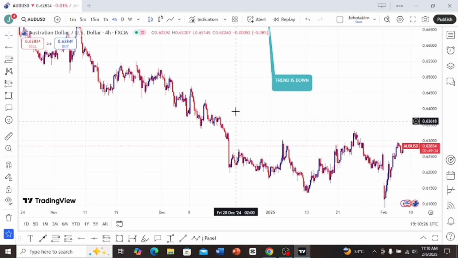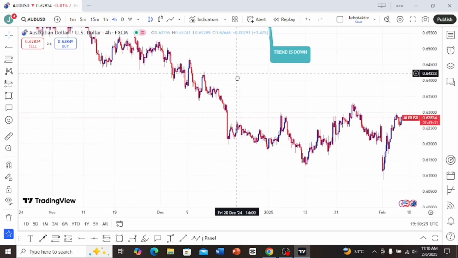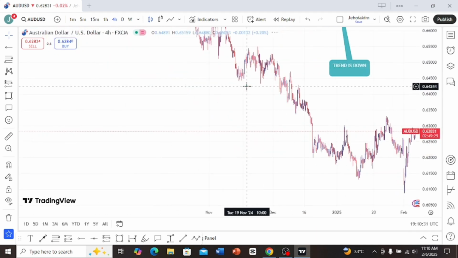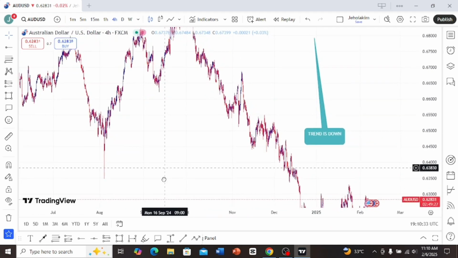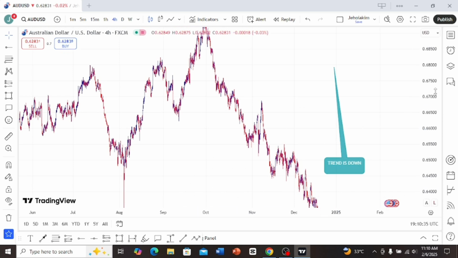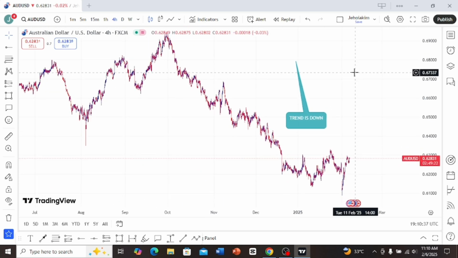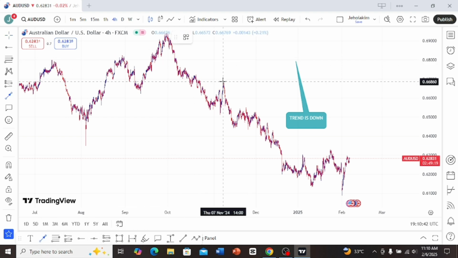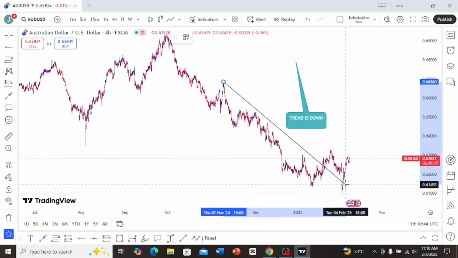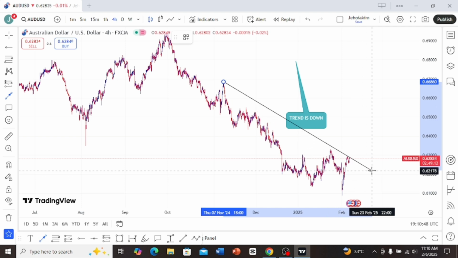The trend is a downtrend, hugely downtrend. From the daily, you see that the market is moving on a downtrend. The market is still crashing down. A very good downtrend.